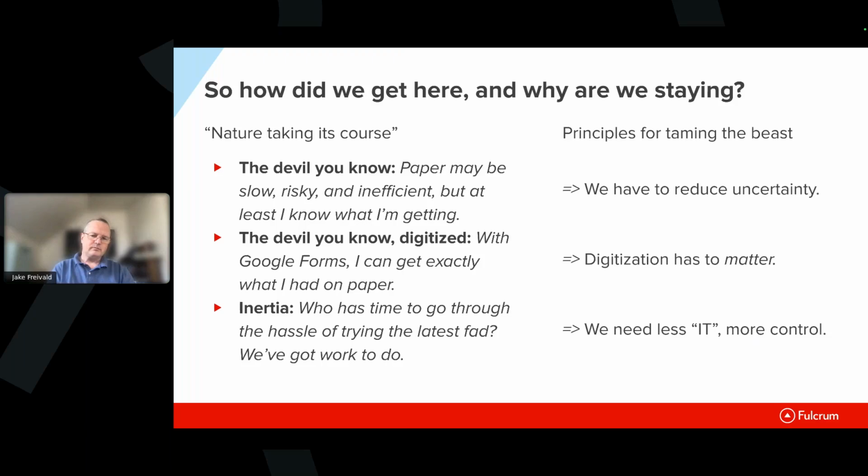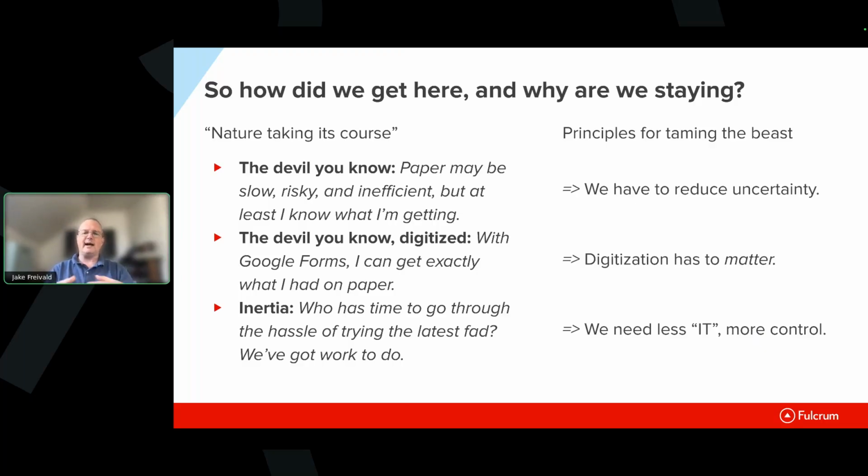And then finally, and I need to be careful with this, we need less IT and more control. Let me not be construed as saying that you don't need IT. You absolutely need IT. IT is there to provide structure, to provide security, to make sure that you're not going outside the guardrails. There's a ton of reasons that you need IT. What we don't need is the requirement to go through IT for every single thing that you do.